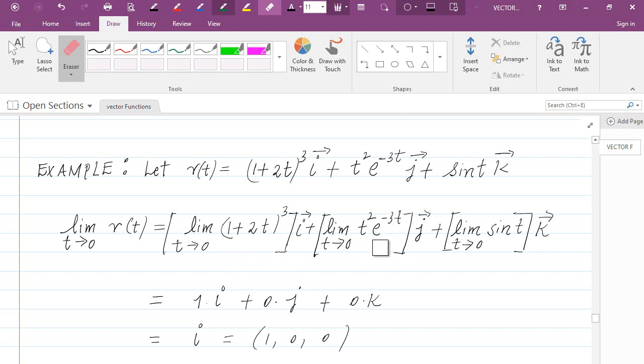The limit here, if you recall from calculus 1 or 2 where you went over L'Hopital's rule, you could write this as t squared divided by e to the 3t, and the limit of that would be 0.